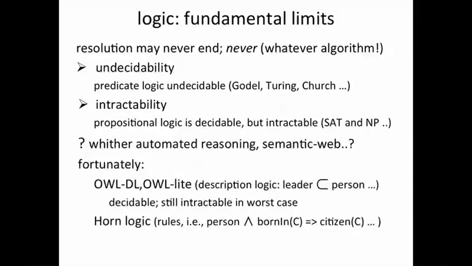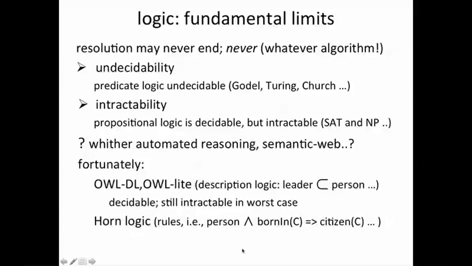The other piece that is used is something called horn logic, which is essentially rules, such as if there is a person and the person is born in a country C, that implies that person is a citizen of that country. A rule like this is called a statement of horn logic if there's only one conclusion on the right-hand side.